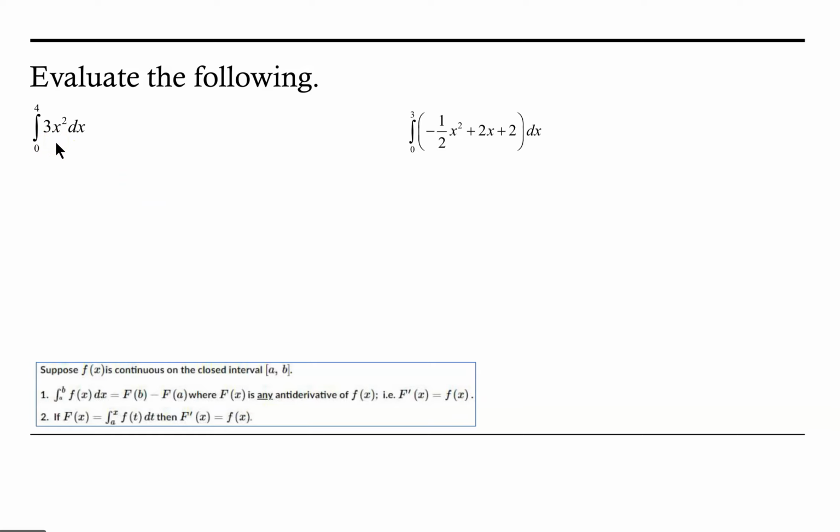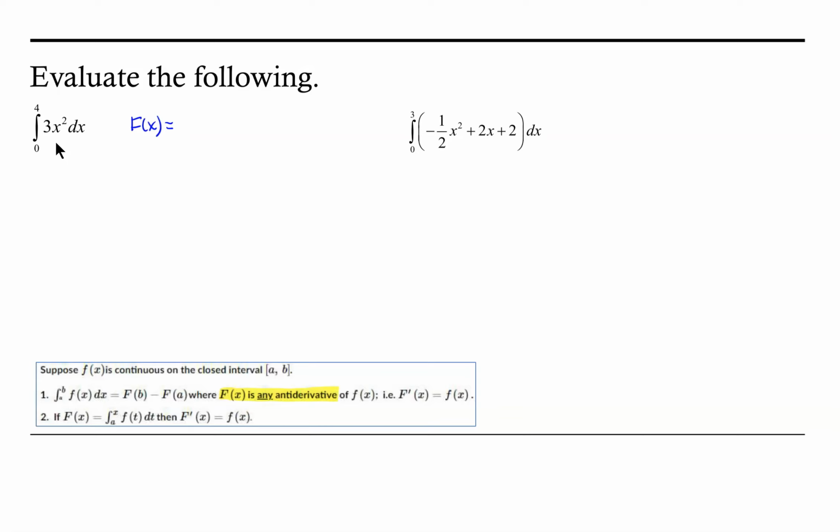Now, our integrand is 3x squared, and what we need to do is identify an antiderivative. So that is, what function can I take the derivative of, and when I take that derivative, I get 3x squared?